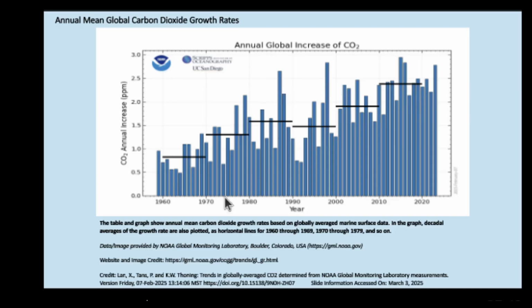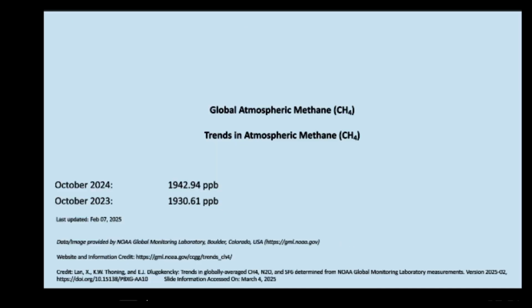Next, we're going to look at global atmospheric methane and trends in it. October 2023, 1,930.61 parts per billion. October 2024, 1,942.94 parts per billion. Methane is also increasing in the atmosphere.